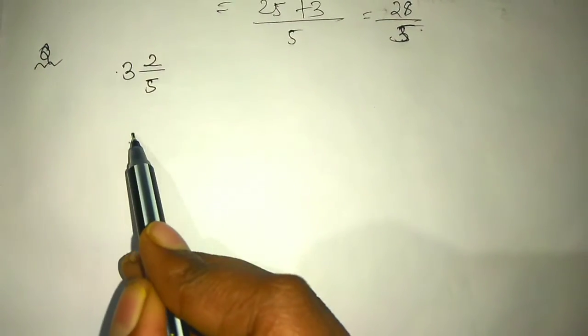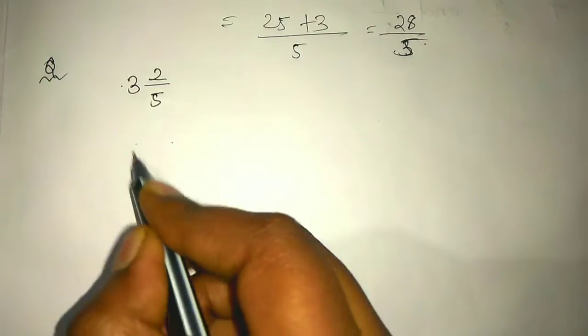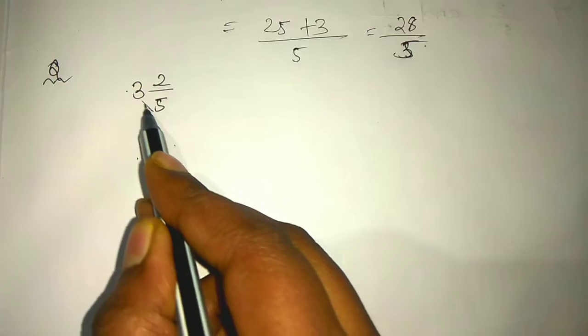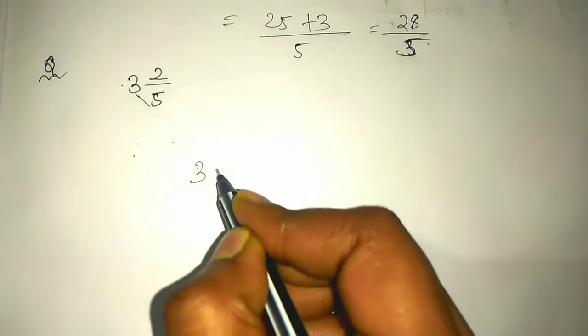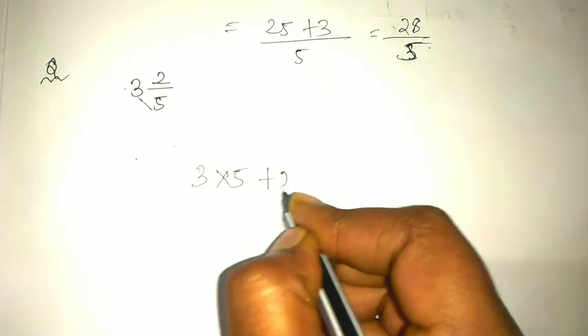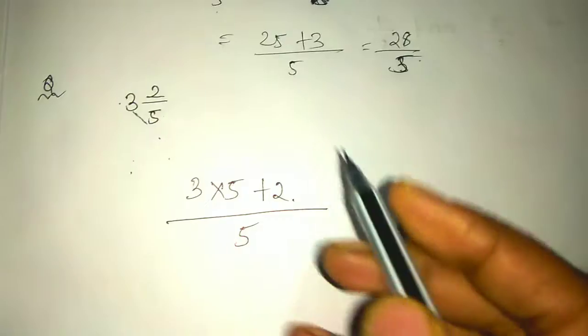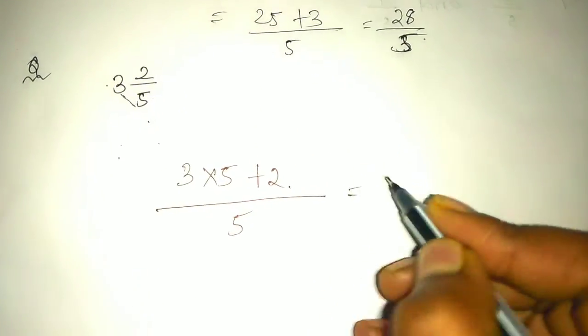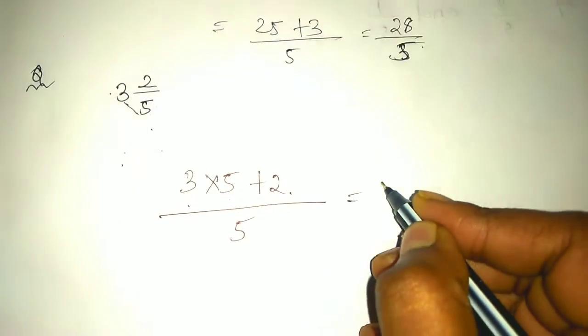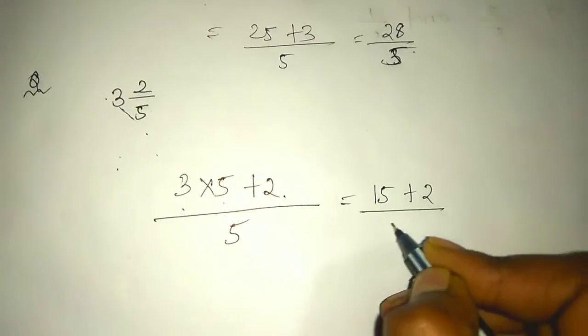Let's do another example. The given mixed fraction is 3 whole 2 by 5. So as you know, you have to multiply 3 with 5, 3 into 5, then add 2, then divide by 5. The numerator is equal to 3 into 5 is equal to 15 plus 2, divided by 5.